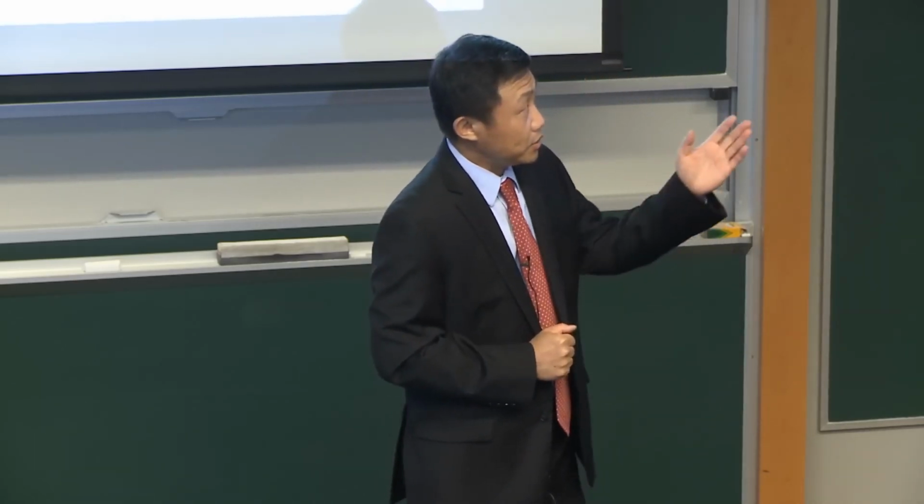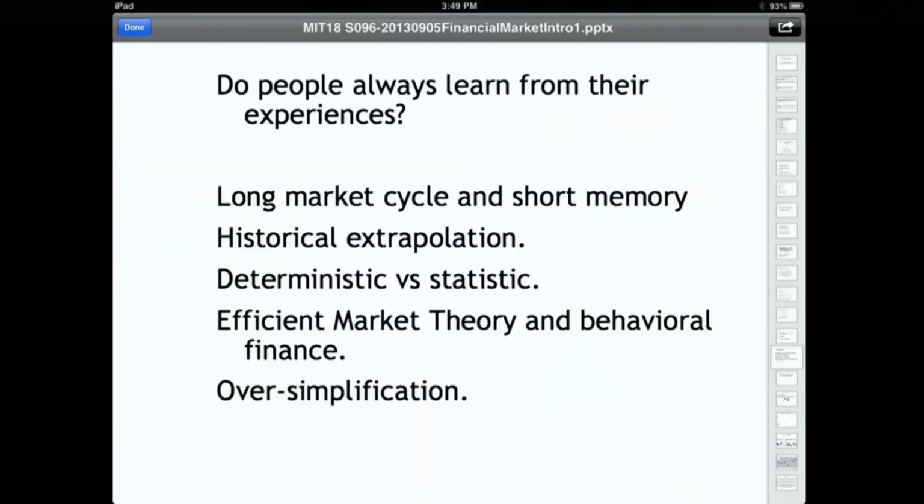Deterministic relationship versus statistical relationship is very interesting as well. When you try to trade on those, how do you really build models? Is the market really efficient? What part is efficient? How do you apply those theories in your day-to-day risk management or trading activities?